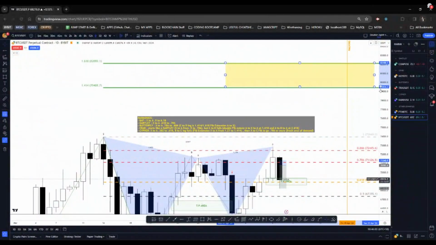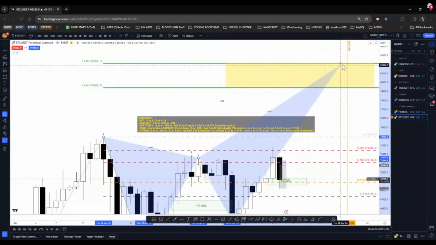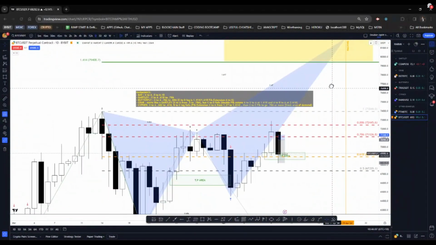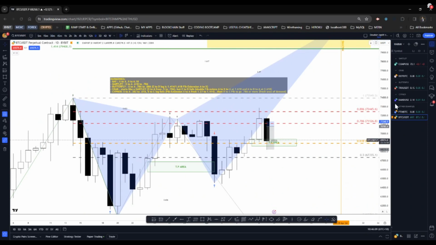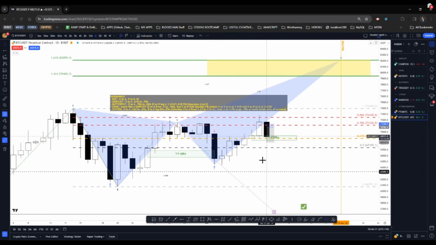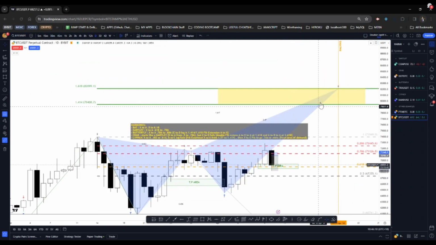So I'm expecting this move from BTC, and this will be a perfect butterfly play. It's invalidated the Gartley, it's now become a butterfly. This is where I'm expecting we're going to land eventually.